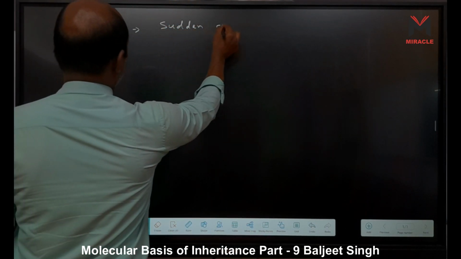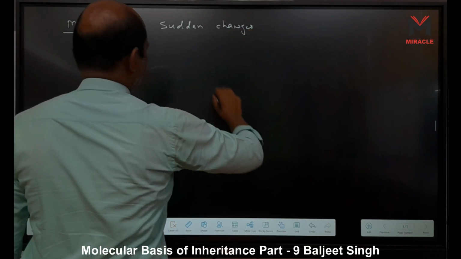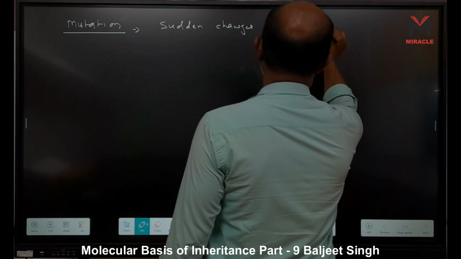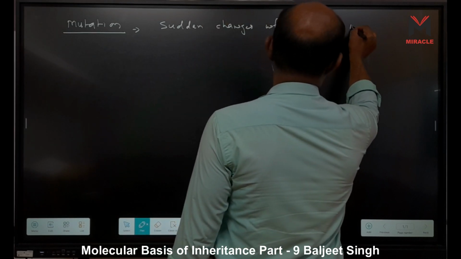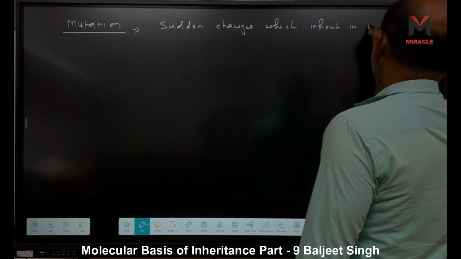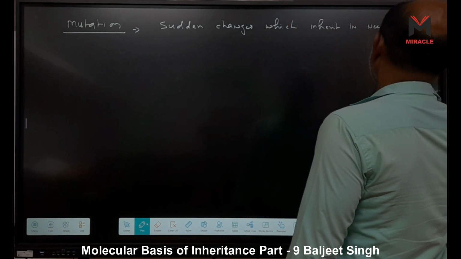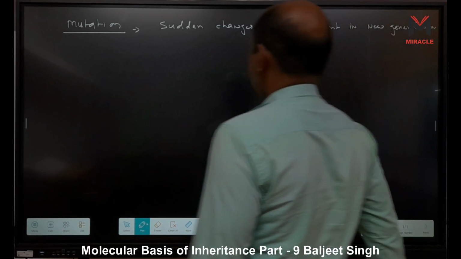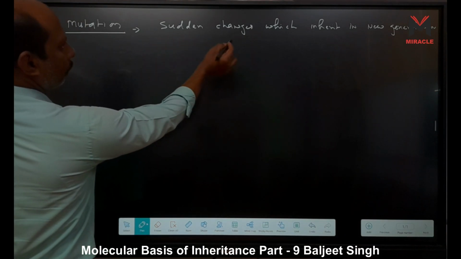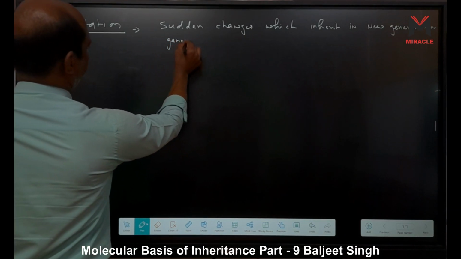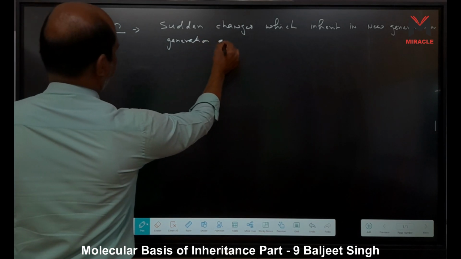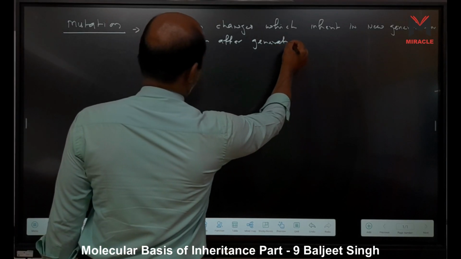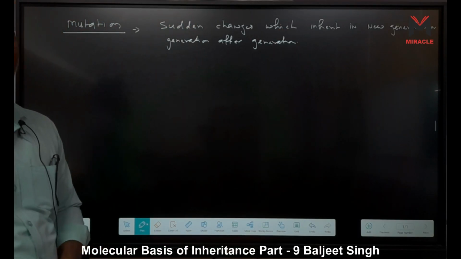Simply we can say, sudden changes which are inherited in a new generation, or we can say they can be transferred generation after generation. That is called mutation.